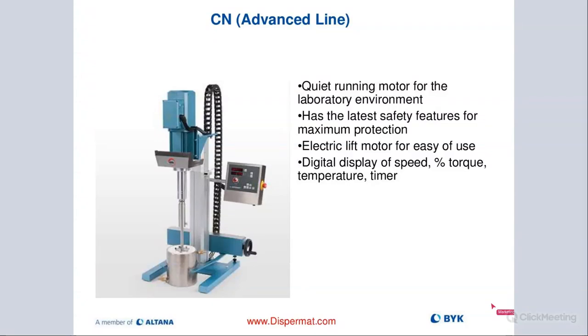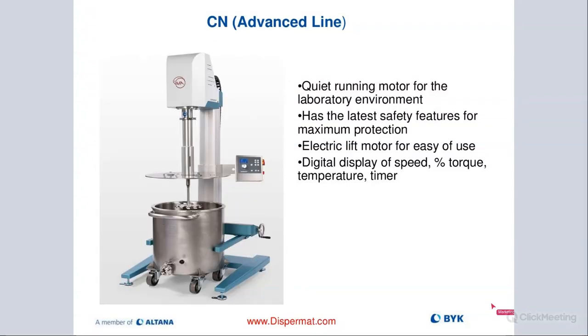It'll show you the torque value, a temperature readout, and a timer function. Again, all the safety features are built in, as I mentioned earlier, but the beauty of it is that it's scalable. You can see here, you're staying within the CN line, but now you're looking at a pilot scale model. Again, same brushless step motor technology, even on the larger models.